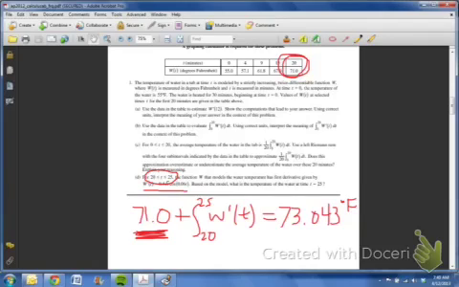In the packet of free response questions that I gave you, the other ones that would be similar to this one that you can go back and try to do on your own as practice would be on the 2011 test. It was number 2, so still on the calculator portion in 2011. On the 2010 test, it was number 2.